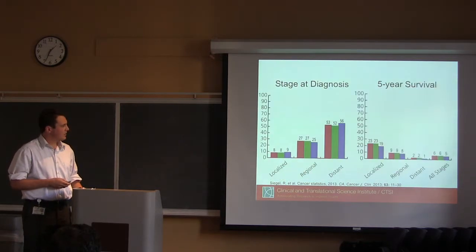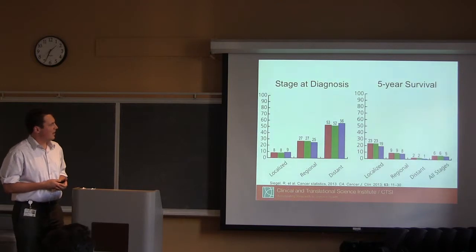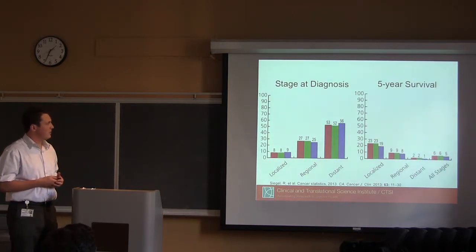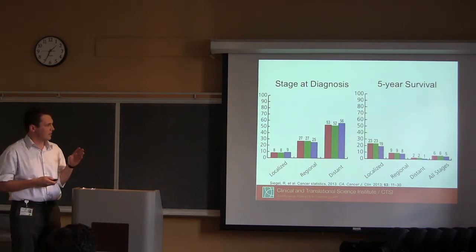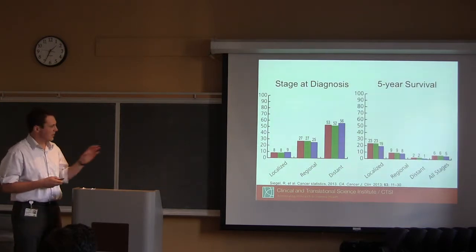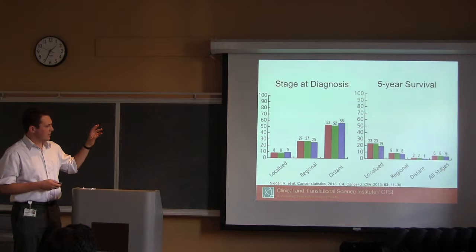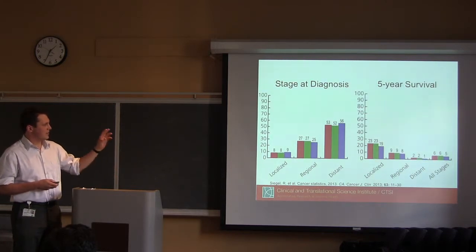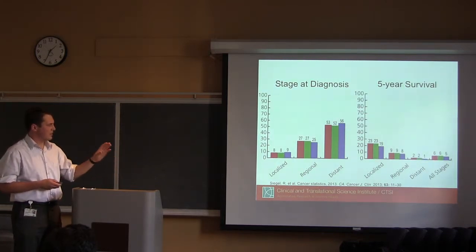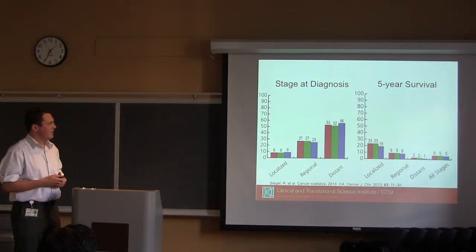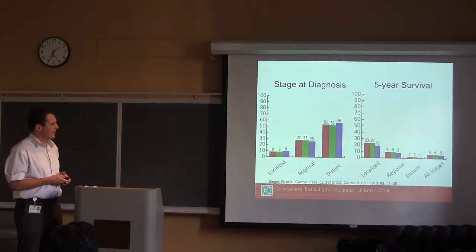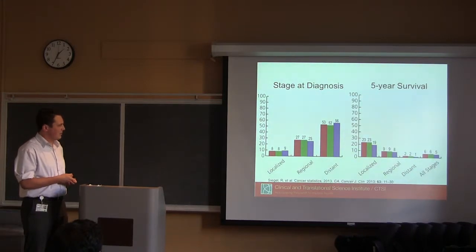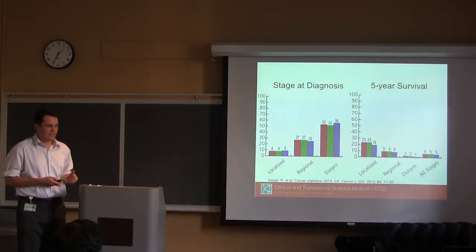To represent this slightly differently, the ACS also puts out these annual reports of the stage of cancers at diagnosis and their correlative 5-year survivals. I'll draw your eyes to the red columns. Green are Caucasians and blue are African Americans, but they're not significantly different. So just look at the red, which is all cases. You can see amongst their data, only 8% of pancreatic cancers were diagnosed at that localized stage.